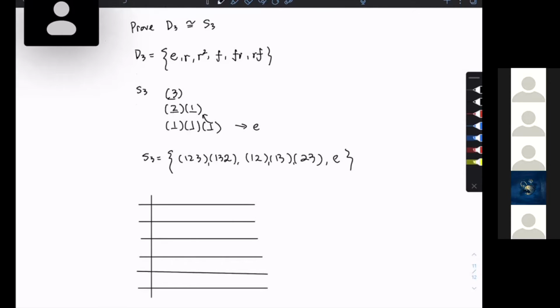So it's just E, (1 2), then (1 3), then (2 3), then (1 2 3), and (1 3 2).